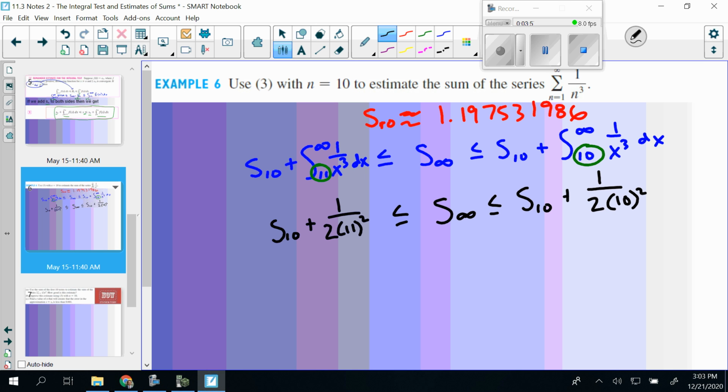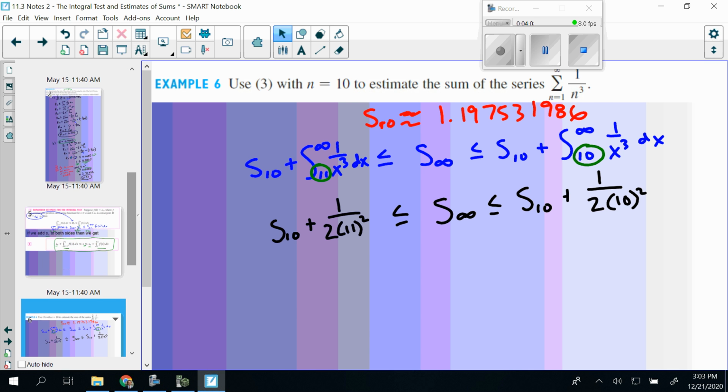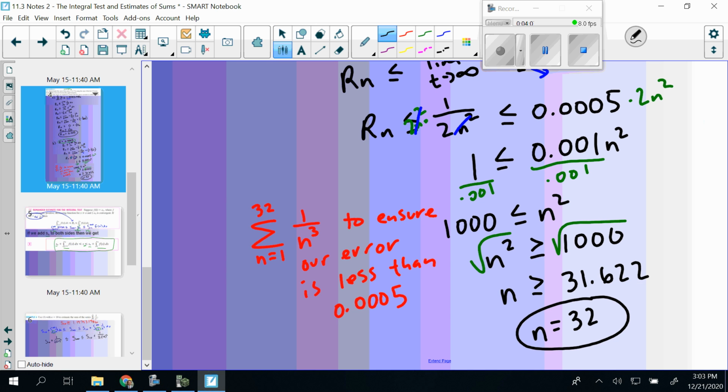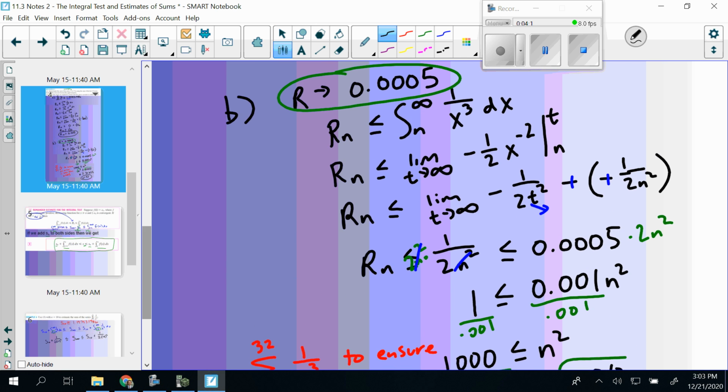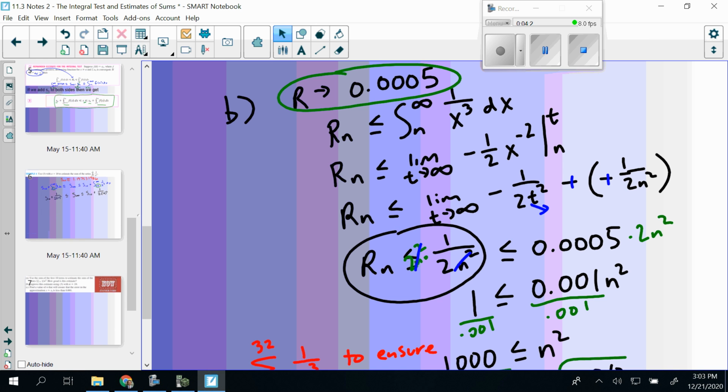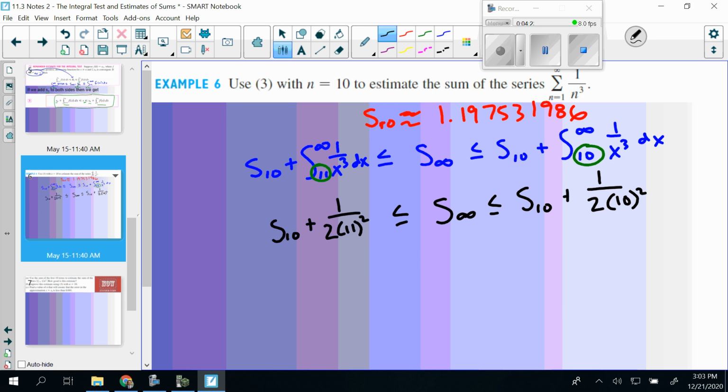Where we got that from was our work on a previous problem, where we did the integral and found that our R is going to be 1 over 2.